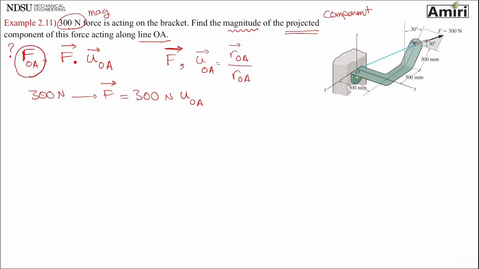No, F is not in the line of OA, so scratch that. We have to find it based on the components, because the angles and everything is given. Okay, I see now. Force F is on an inclined plane like that, 300 newtons and 30 degrees.